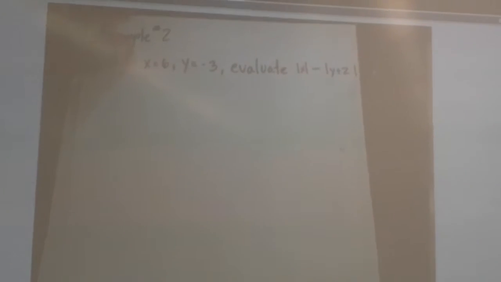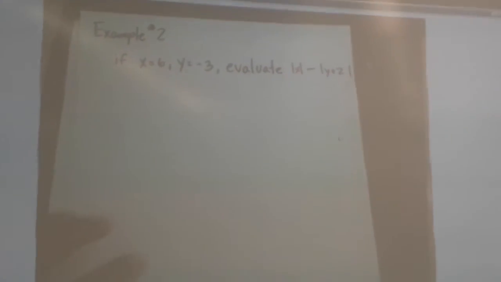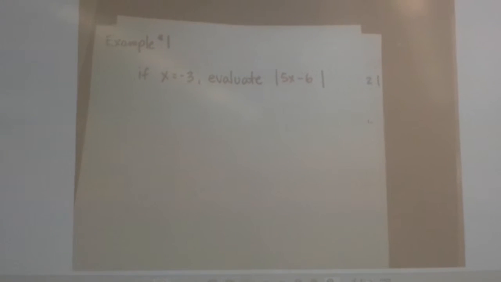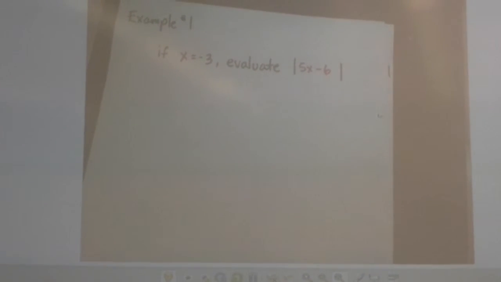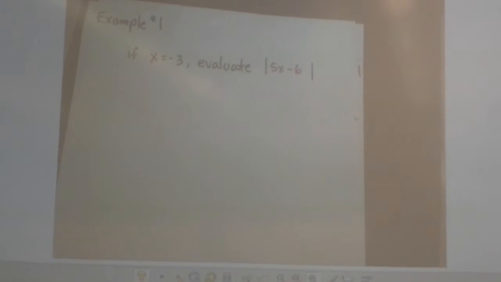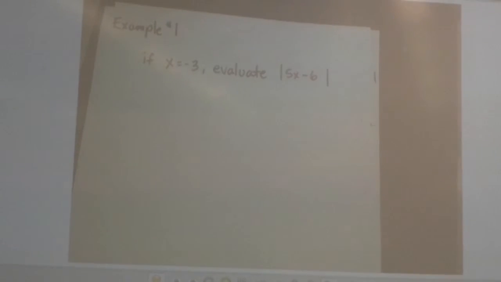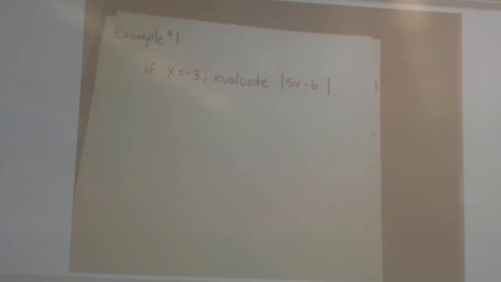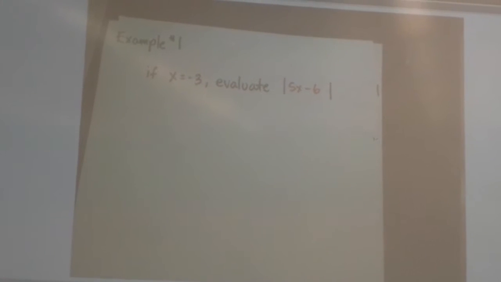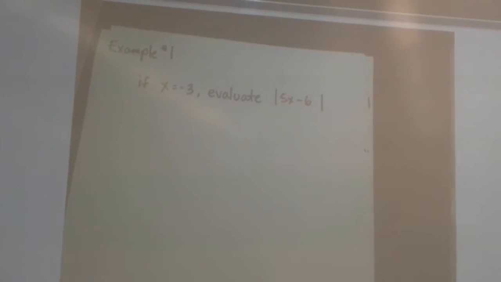First example. If x is negative 3, evaluate the absolute value of 5x minus 6. Well, the first thing that you do is you have to plug negative 3 into the expression.